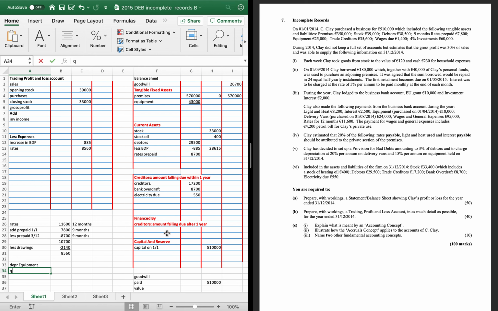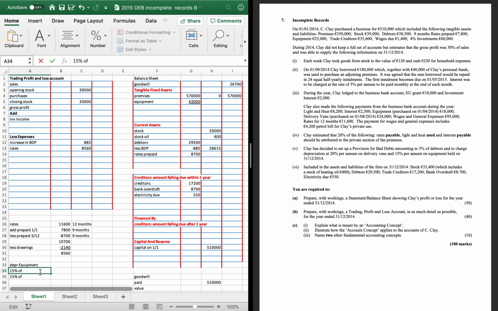So depreciation rate is 15%. So it's 15% of something and 15% of something, and we're working with the two numbers. So for the first 3 months of the year, you had equipment costing 25,000.